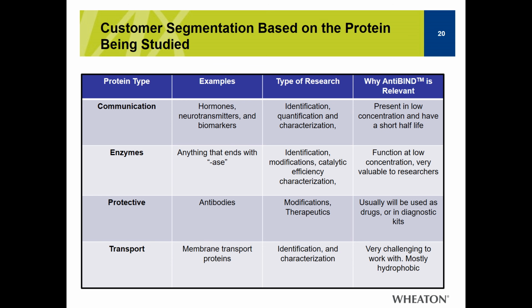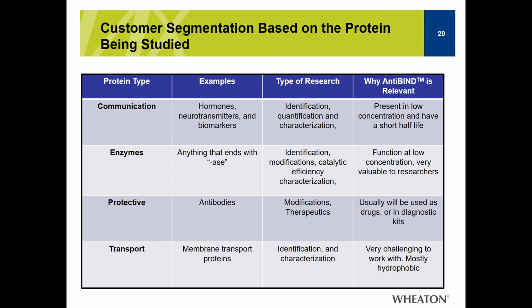So every protein that exists in low concentration would be a good target. Enzymes, there are a lot of examples, but basically everything that ends with ASE means it's an enzyme. So carboxylase, protease, acetylcholinesterase. These are all types of enzymes. The research being done on enzymes is to identify the enzyme.